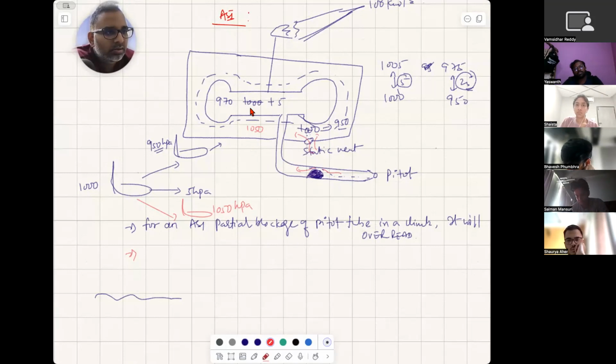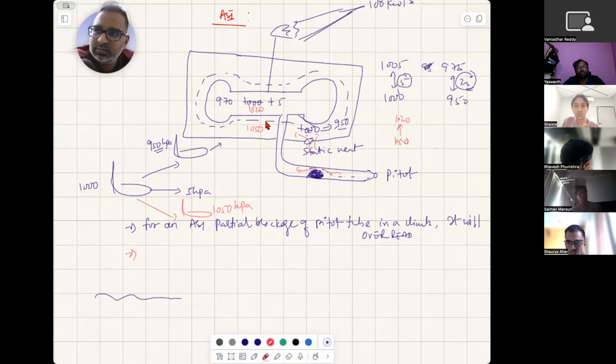So instead of 1050, it will become, say, 1020. Initial difference was 5. Now what is the difference? Outside it is 1050, inside it is only 1020. Correct? 30 difference, but outside is higher.